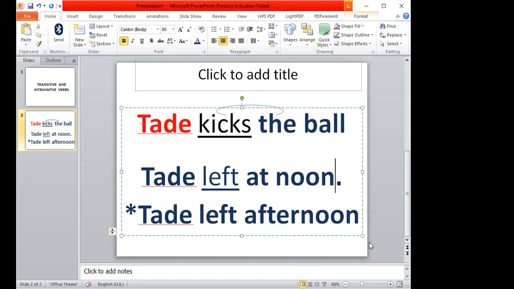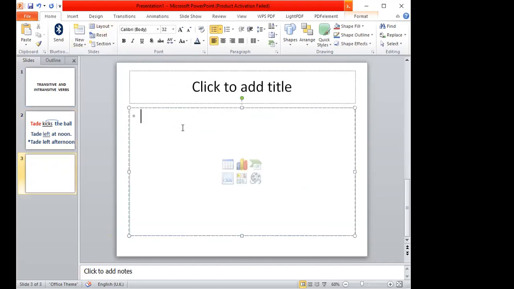I want you to know that an object after a preposition leaves the verb as an intransitive verb. Or better still, if I have a clause that does not have an object after the verb, we call that type of verb used in that clause or sentence an intransitive verb.